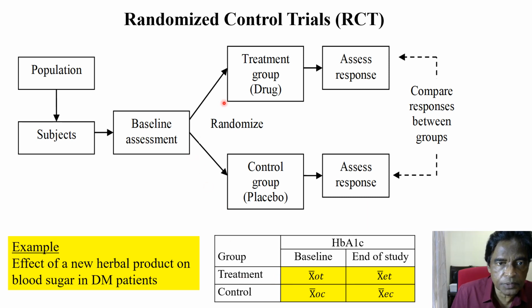One group goes into treatment, the other group goes into control, sometimes called placebo. This is the baseline assessment. Then we put them on the treatment or placebo. After a certain time, let's say 1 month, we assess them. That will be the X-bar CT and X-bar EC.